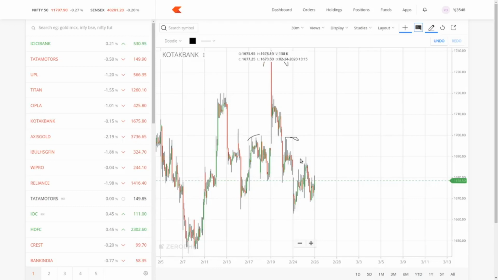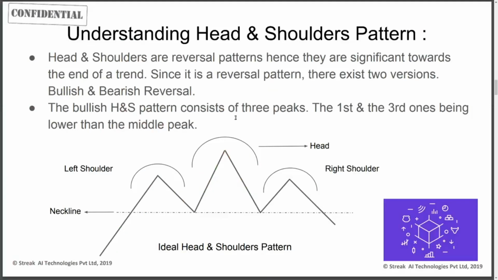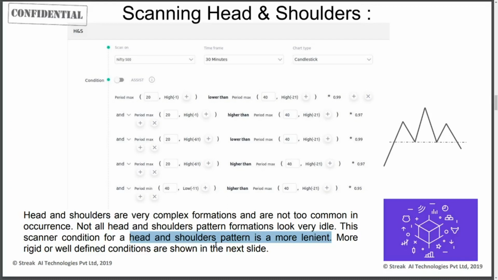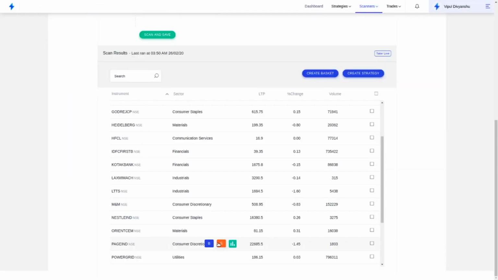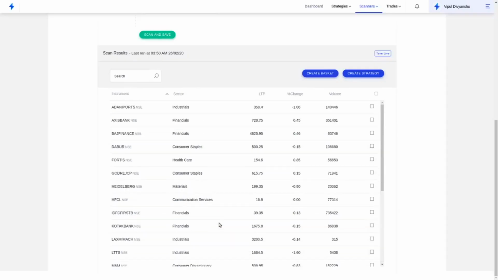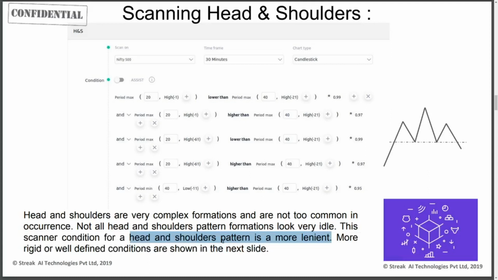This is just a simple indication of how you can build a lenient version of head and shoulders, because this will give you more stocks, as you can see from how many scan results we got here, but it is a bit lenient. Now we'll cover a much more rigid and stricter version, which will try to find even stricter head and shoulder patterns. So let's go to that.